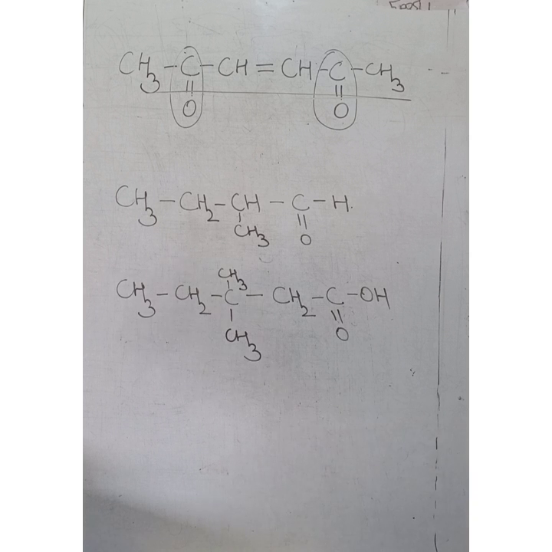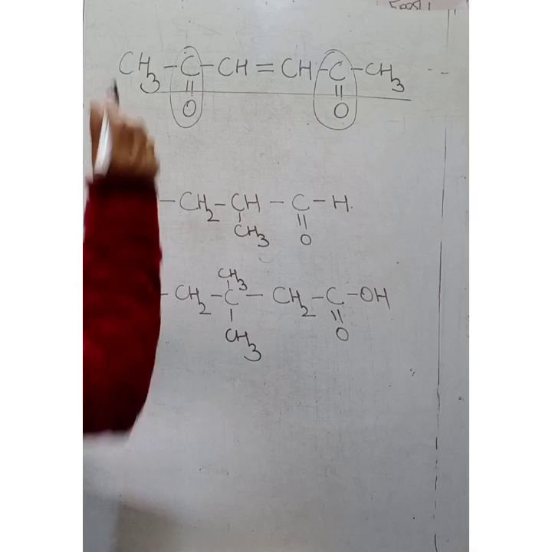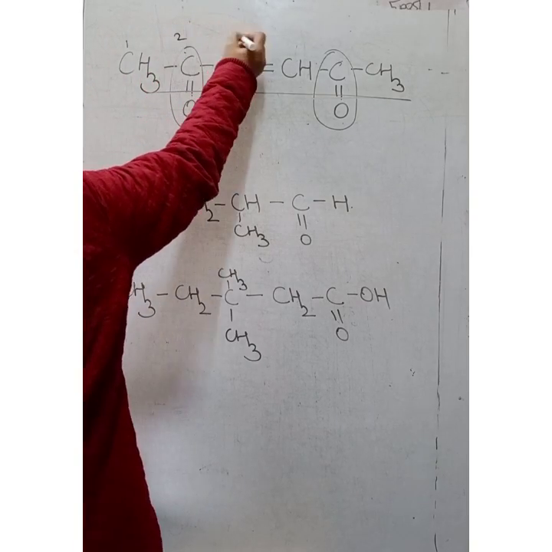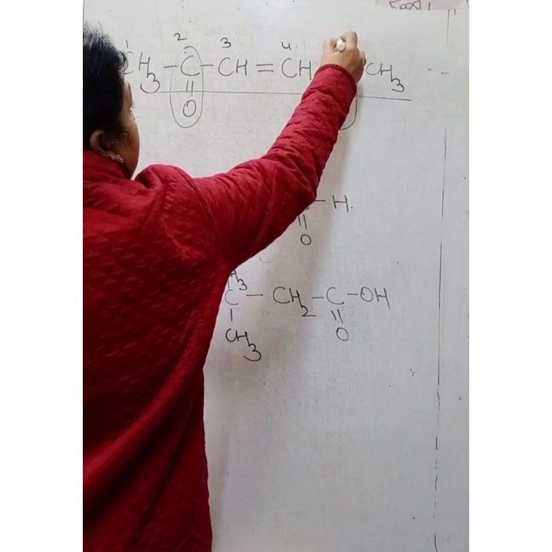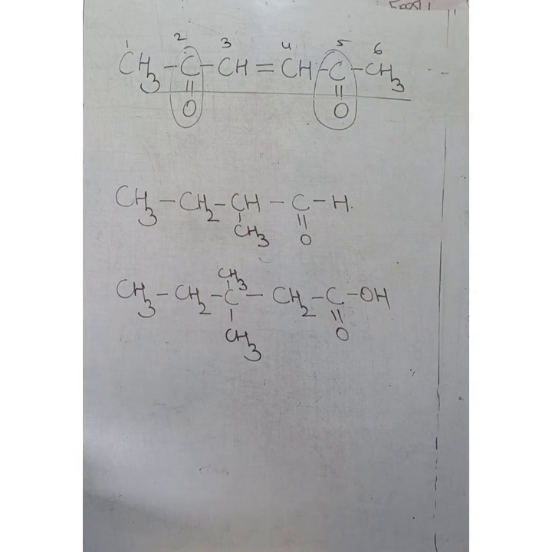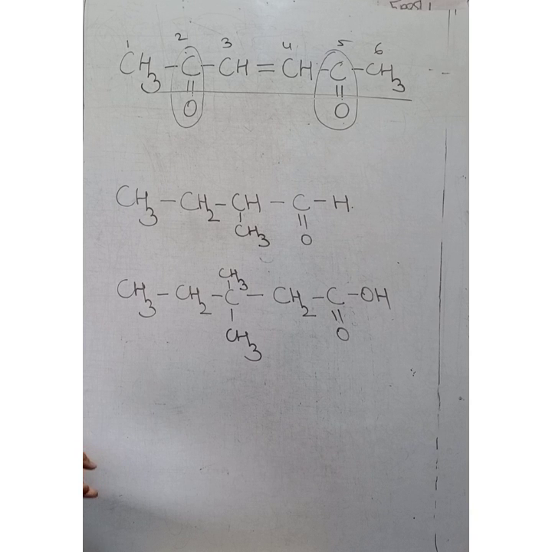So, we can number from any side. 1, 2, 3, 4, 5 and 6. Because we have to see the lowest set of locants also if we have more than one functional group. If different functional groups are present, then you have to see the order of preference. That example we will do later on. Now, there is no substituent group attached, so we do not have a position prefix. We will start from the word root.